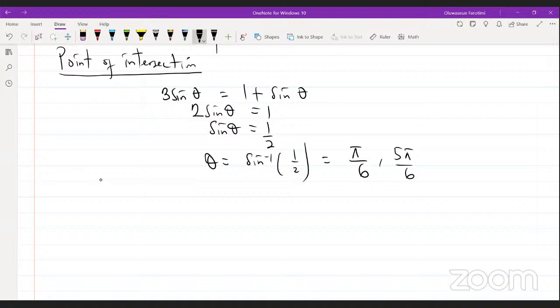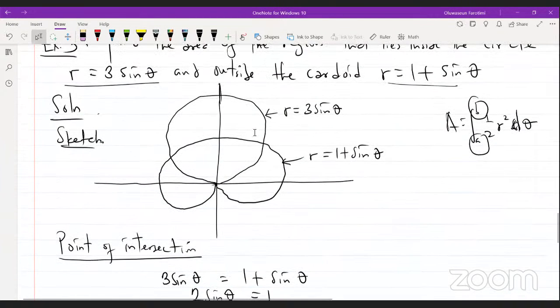All right, so in this case, this is my a. Now let's go back to our geometry. I got this guy, and this part is a point of intersection.